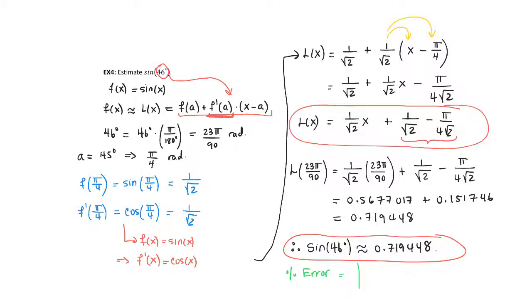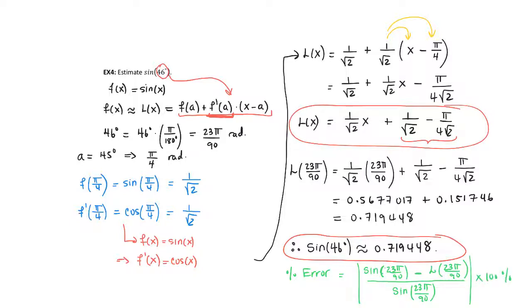It becomes the absolute value of the actual value, so sine of 46 degrees, and I'm going to use radians again, so 23 pi over 90, minus the linear approximation, so L of 23 pi over 90, you already have that decimal there, divided by the actual value, 23 pi over 90, times 100%.